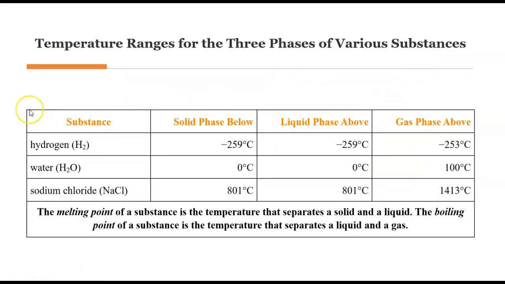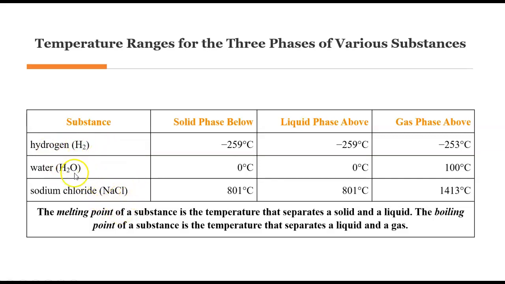So this chart gives us information about temperature ranges for the three phases of various substances. And you can see that these are three substances here: hydrogen, water, and sodium chloride.